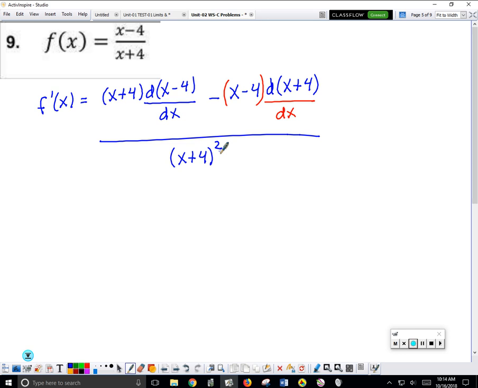Keep working. So right here, you'd have to use the addition rule first.